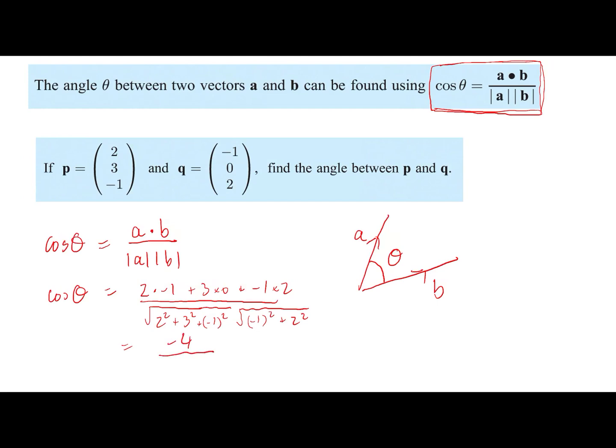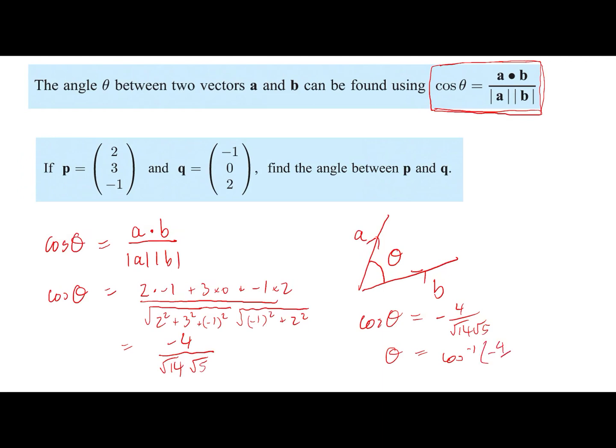Okay, so we're going to get negative 4 in the numerator, negative 4, over the square root of 4 plus 9 plus 1. That's the square root of 14. And then times the square root of 5. So we can say cosine theta is equal to negative 4 over root 14 root 5.